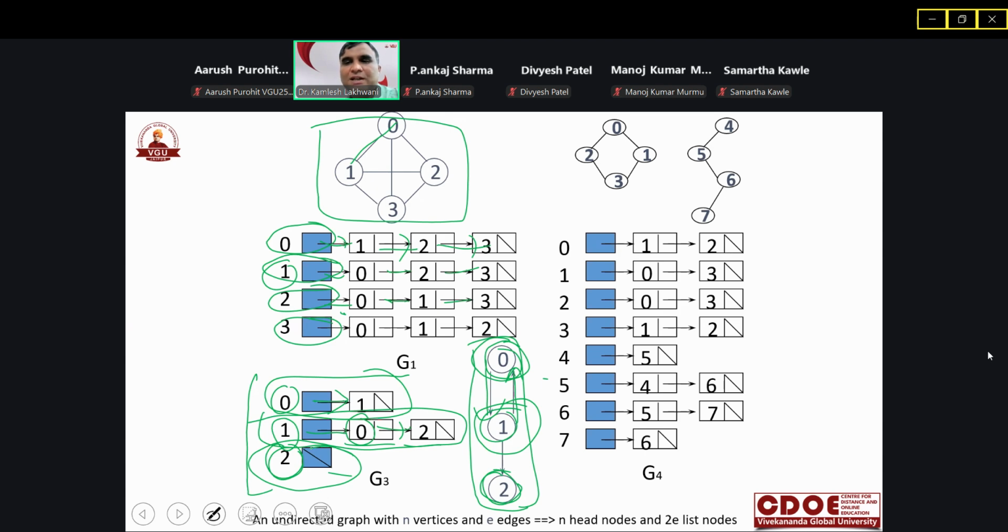So that's another method by which a linked list can be created to store a graph into the memory. So I hope it is clear in your mind how to represent a graph through adjacency matrix and through adjacency list. Adjacency list because it is showing the connection between the nodes.